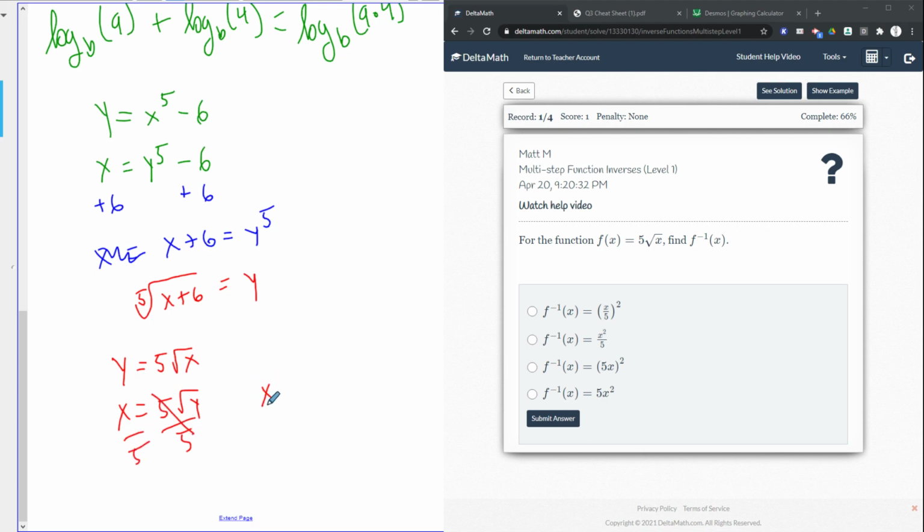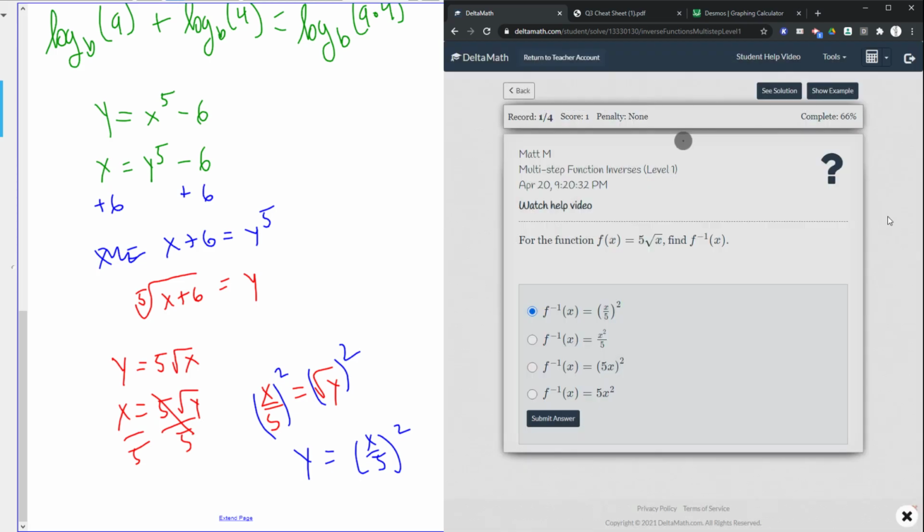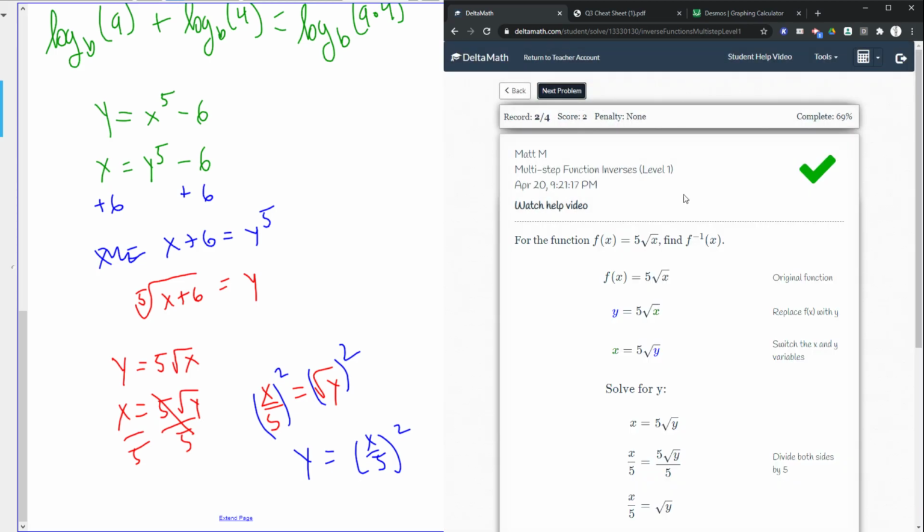So I have x over 5 equals root y. How do you get rid of square roots? Square both sides. So we have y equals x over 5 squared. Awesome.